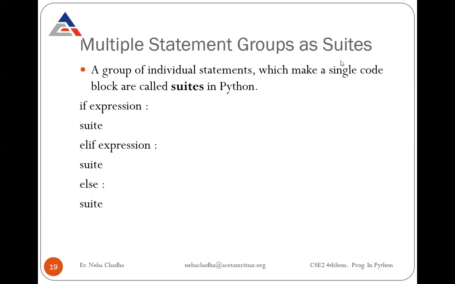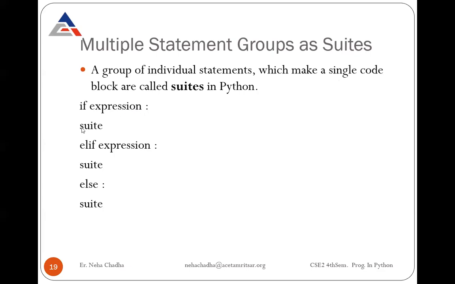Multiple statement groups as suite. A group of individual statements which make a single code block is called a suite in Python. If any expression is there, then you write it, and then there is one colon sign, which is mandatory in Python. That is not the format in C++. But in Python, whatever expression you give, you put one colon sign.